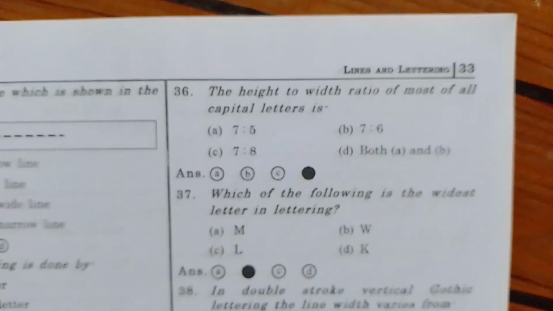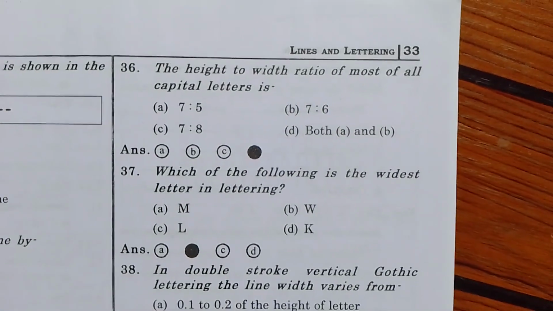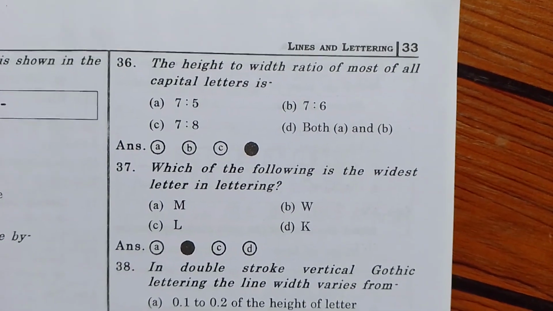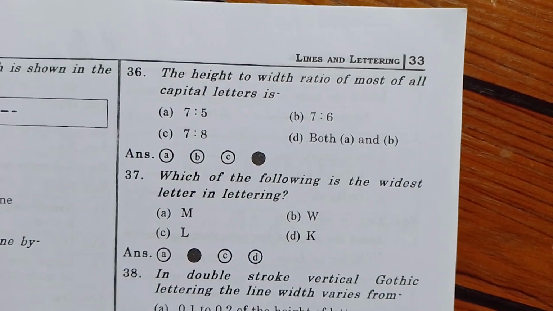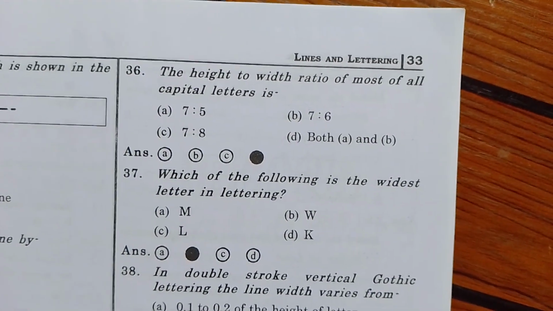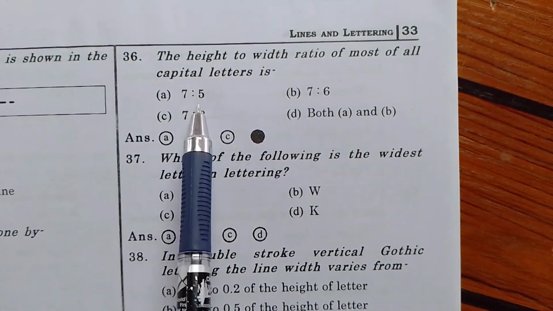Now the question number 36. The height to width ratio of most of all capital letters is: 7:5, 7:6, 7:8.